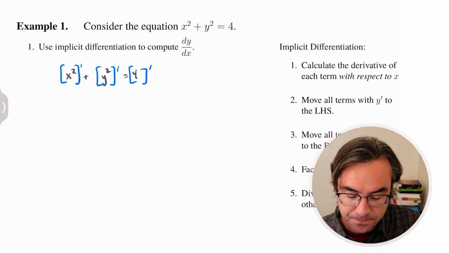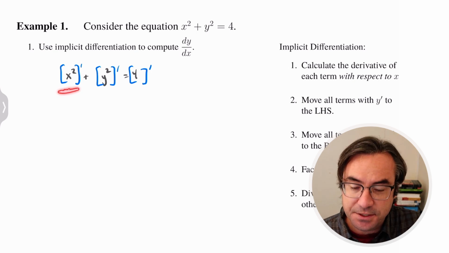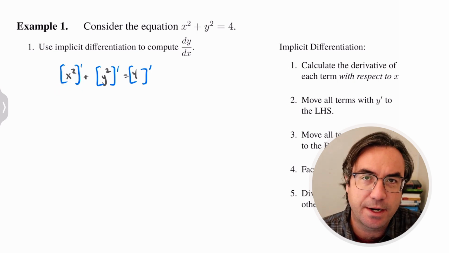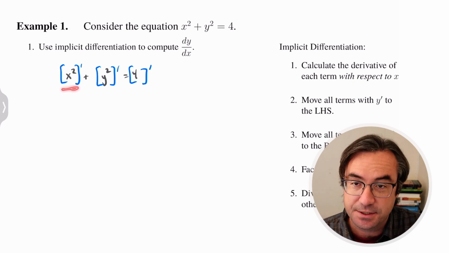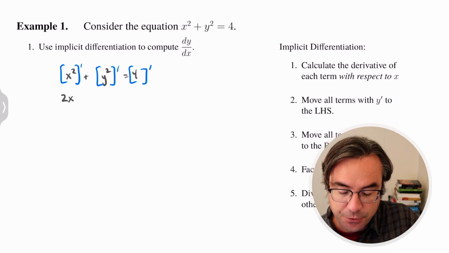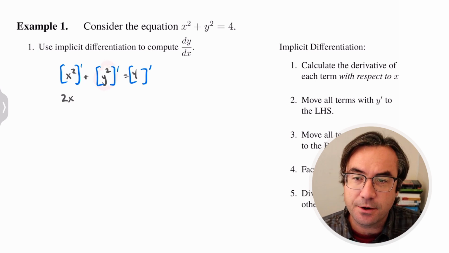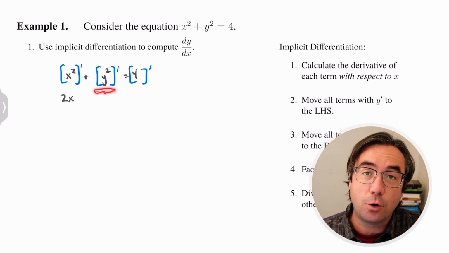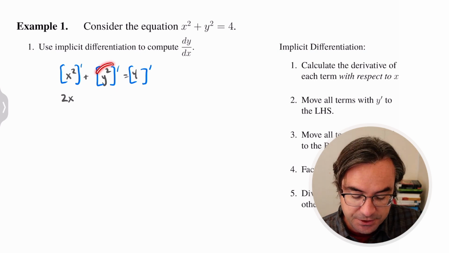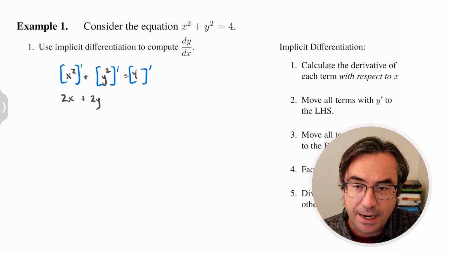All right, so the x term here involves only x's. So we're treating x as just a regular variable, which it is. So we just differentiate that like usual, and in this case we get 2x. Now the next one, the y squared, this term involves only y. So we're going to start by differentiating it like usual. So we get 2y.